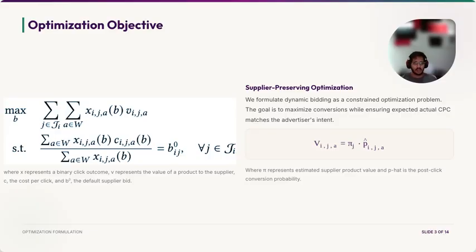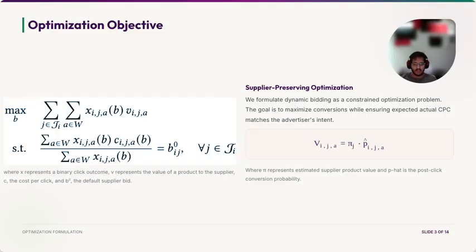This is shown in the mathematical expression on the left of the slide, where the first term is the value term, where x is a clicked outcome binary indicator, v is the value to the supplier, and the second term is a constraint that preserves the average supplier cost per click. C is the cost per click here, B0 is the supplier's default bid.